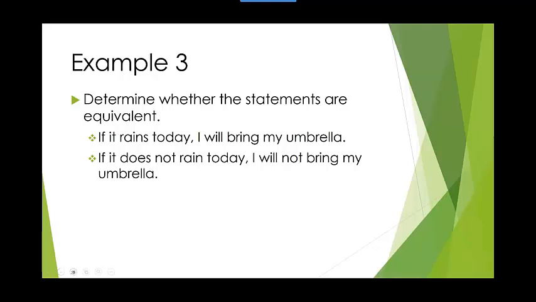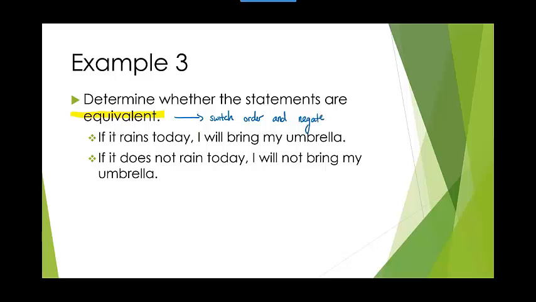Basically, if we're looking for equivalent statements, what we're trying to check is, to get from one sentence to the other, did you have to get the contrapositive? Did you have to switch the order and negate?